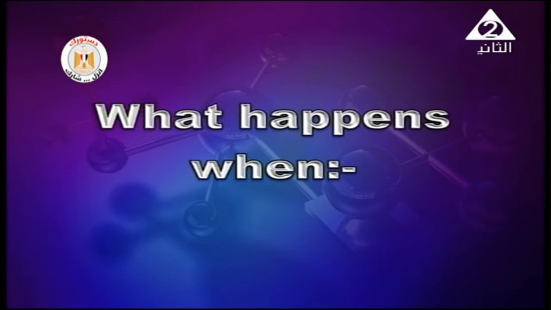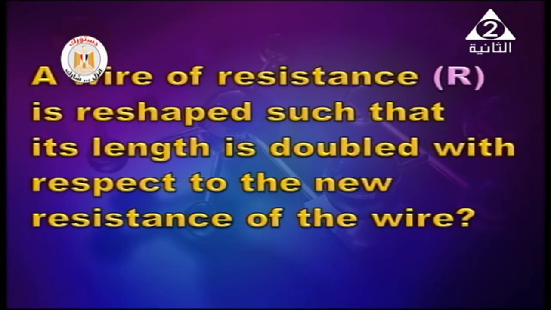Another type of questions. What happens when a wire of resistance R is reshaped such that its length is doubled? Okay, the wire is reshaped and its length is doubled with respect to the new resistance of the wire. As a matter of fact, here we've got two factors affecting the resistance.